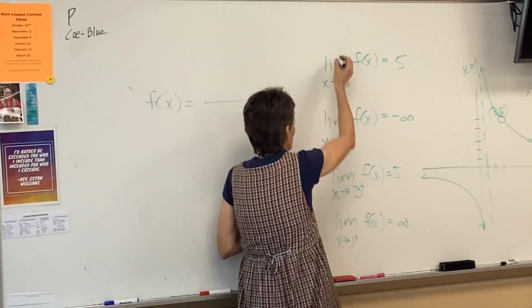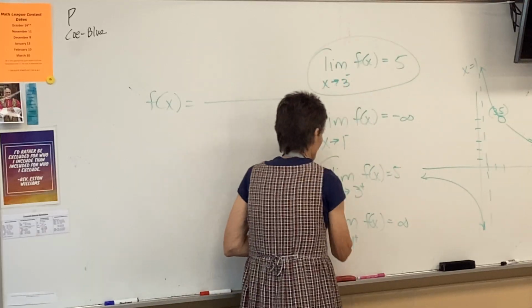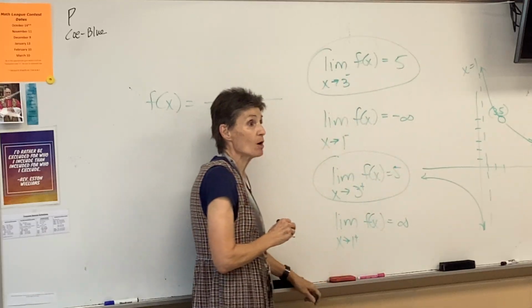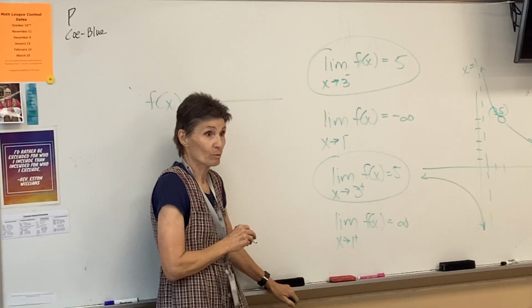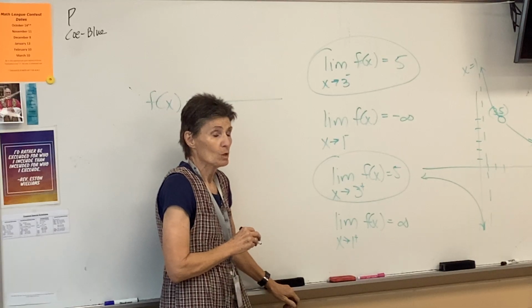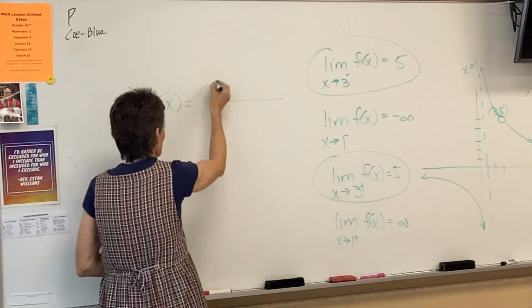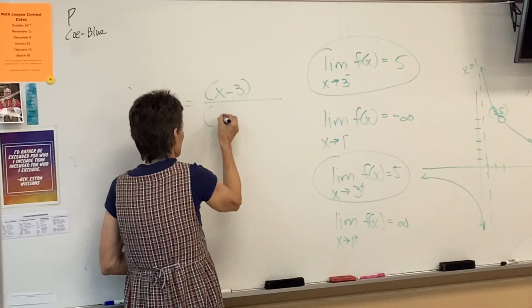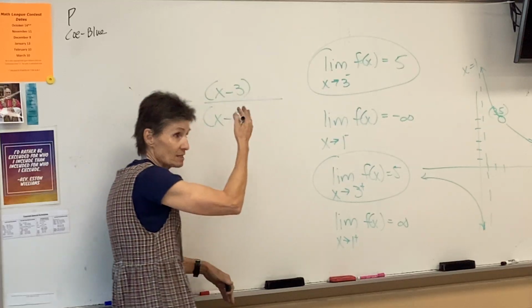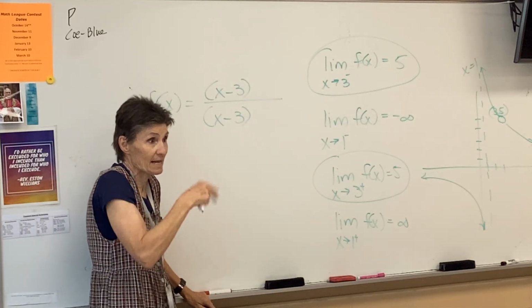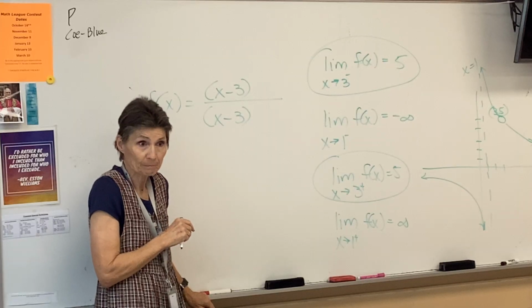Recognize when you saw these two that we must have a hole at 3, 5, which means that whatever your equation looked like, it's got to have an x minus 3 over x minus 3 because that's how I'm going to get a hole, right?